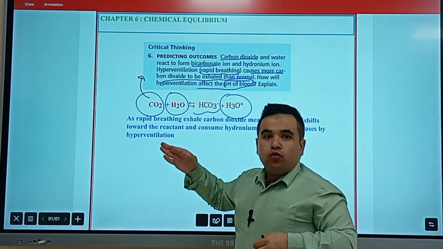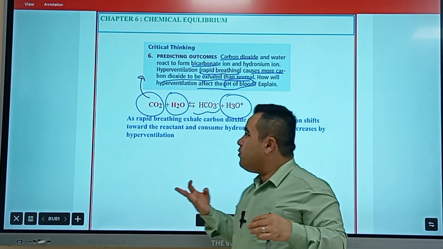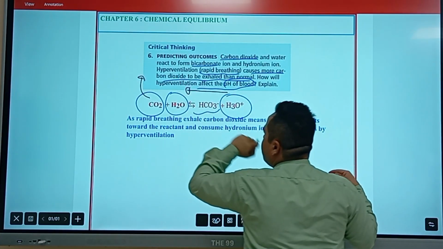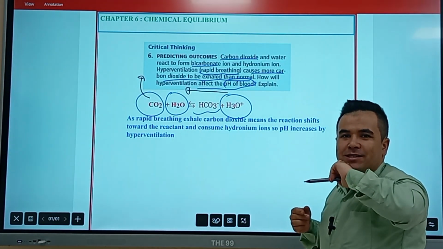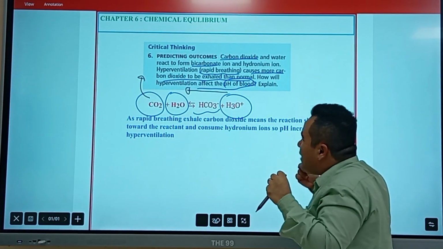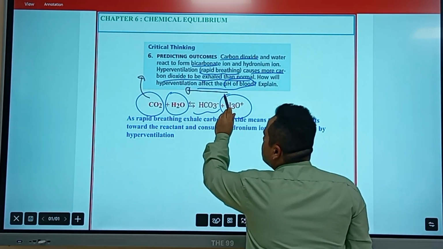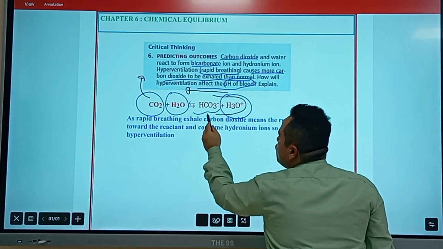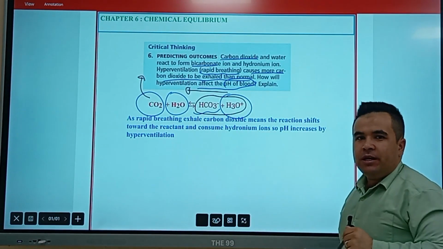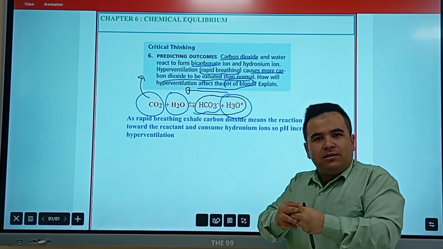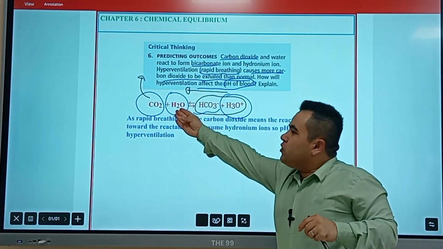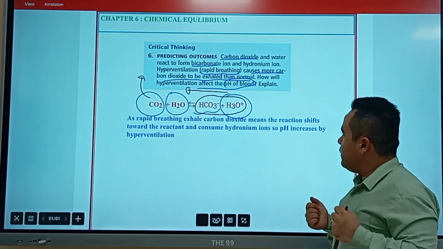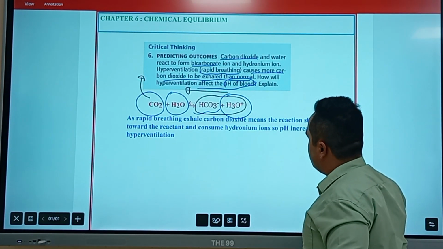As CO2 is removed, CO2 being a gas, the reaction shifts toward the reactant side. What will happen when the reaction shifts toward the reactant? Of course, the hydronium and bicarbonate must react to form H2O and compensate the CO2 which was removed.